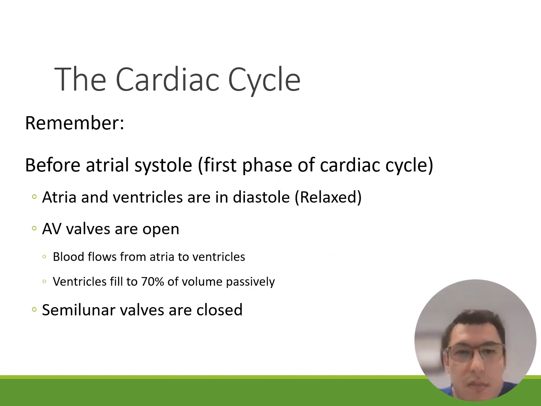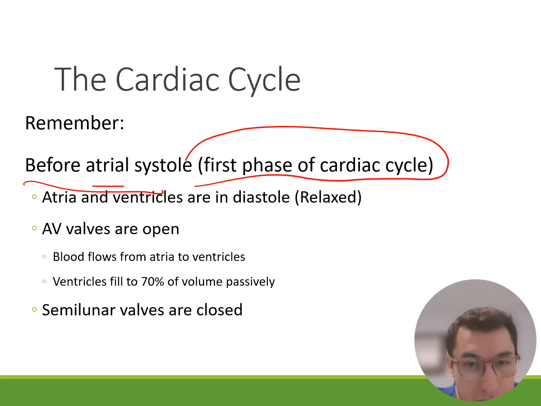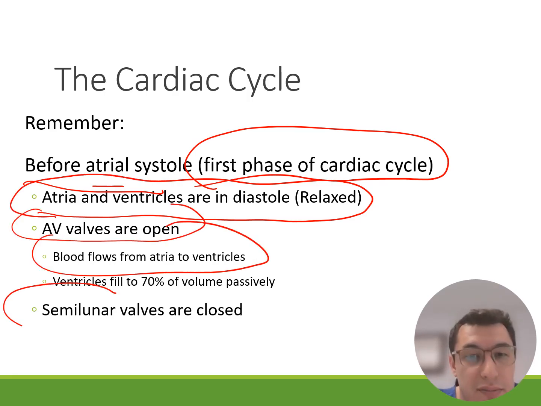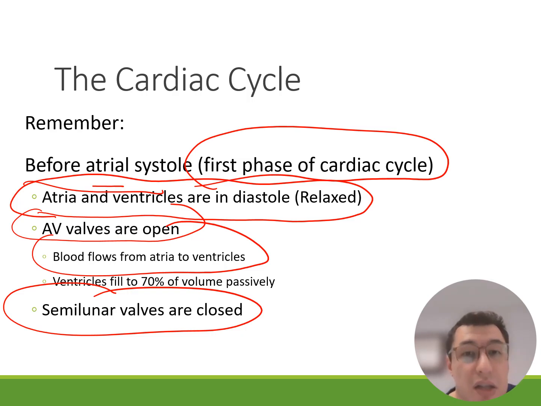And remember that before atrial systole, the first phase of the cardiac cycle, the atria and the ventricles are all relaxed, and the AV valves are open, and there is passive filling of the blood. Semilunar valves are closed because the pressure within systemic and pulmonic circuits are higher than in those ventricles.